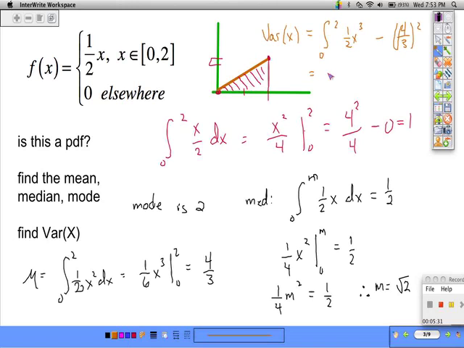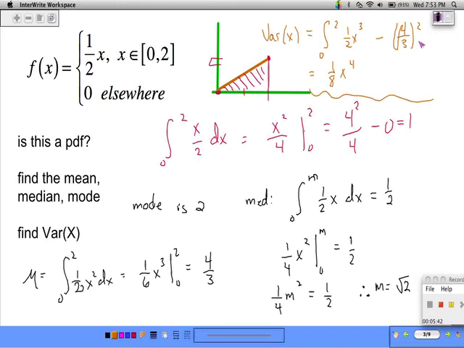Our variance equation becomes 1/8 x to the 4th evaluated from 0 to 2 minus 16/9, and evaluating this we end up with 2 minus 16/9. That's 18/9, take away 16/9, or the variance would be 2/9. And from that we could find the standard deviation as well.